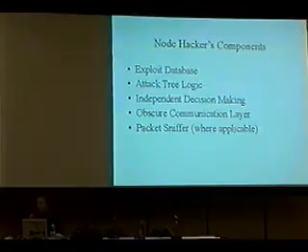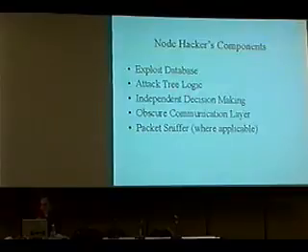Okay, let me see if this answers your question. Let's say I have a node, and this node is supposed to map a network. That's its intention. And we'll say that it's going to map a network, and then somewhere it's going to exploit or replicate itself.